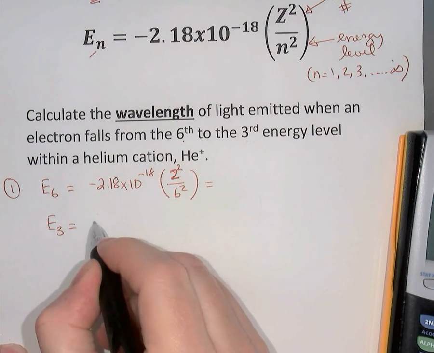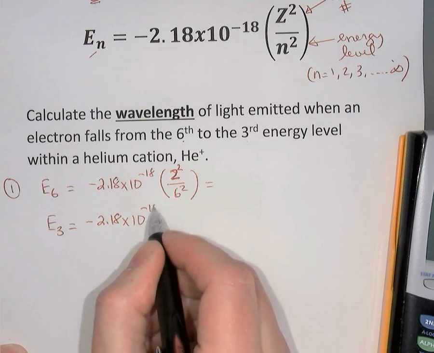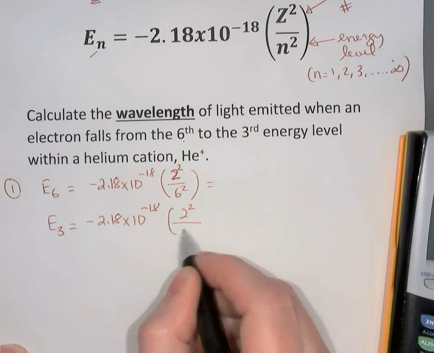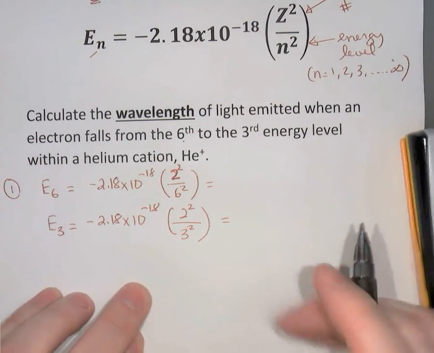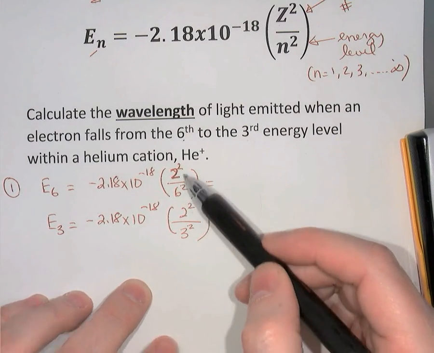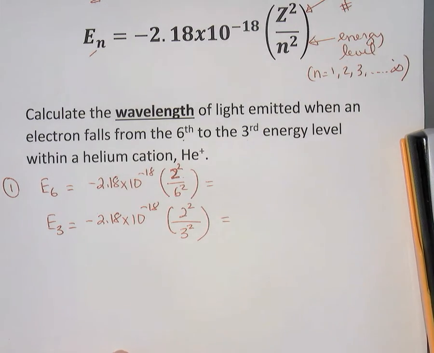Doing the same thing for level 3, negative 2.18 times 10 to the minus 18 times 2 squared, still helium, over 3 squared. Okay, a very common silly mistake I see on tests and on exams is that people mix up the atomic number and the energy level. They put them in the wrong order.